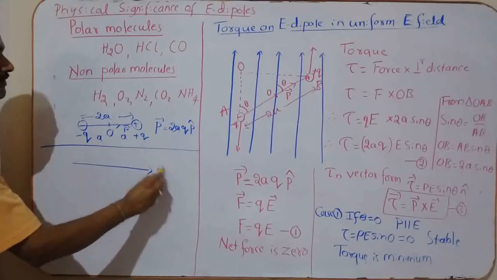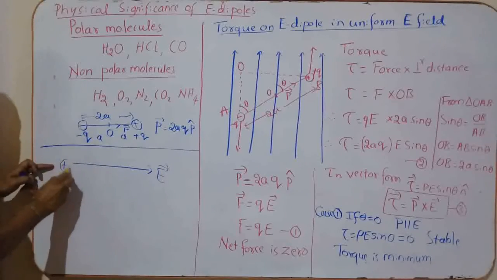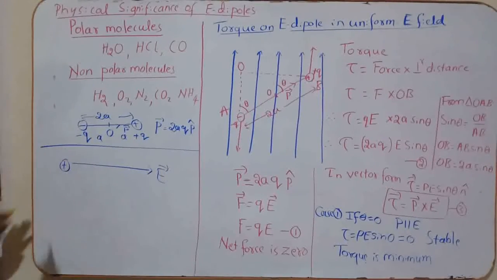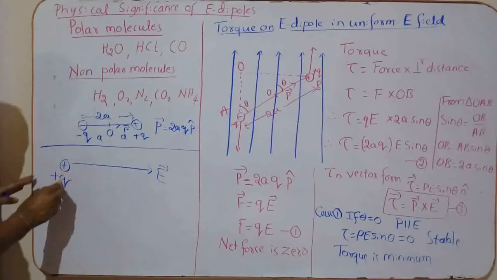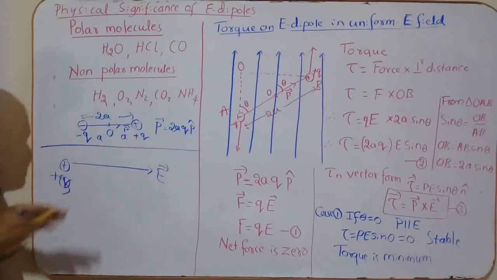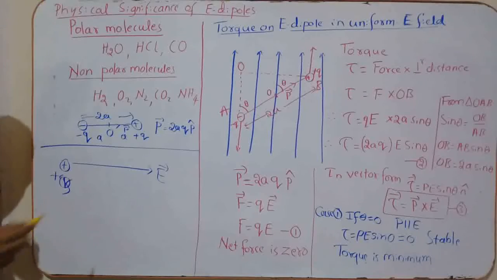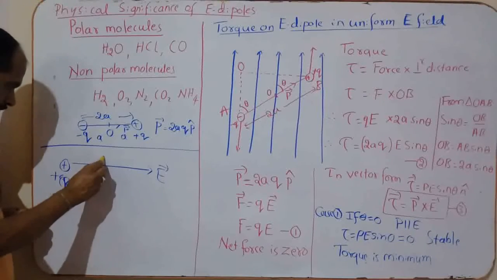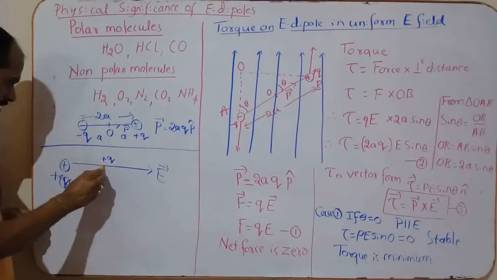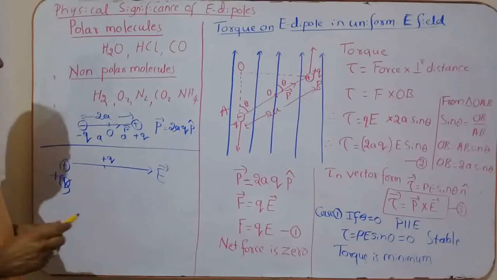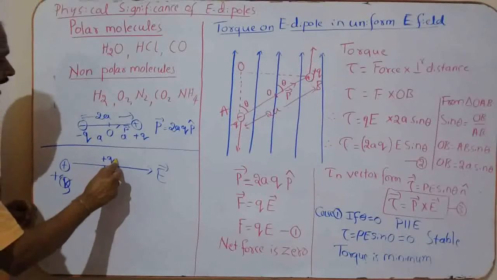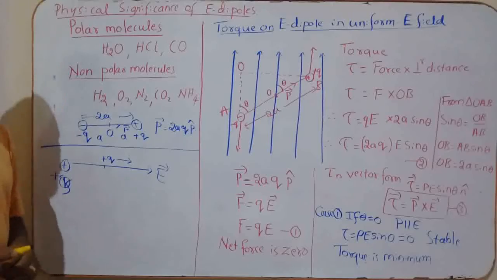This is the electric field. Definitely here is a positive charge. Here you take a positive charge. The field is always away from the positive charge. Now this is the point. When a positive charge is placed at this point, in what direction does the force act on it? The force acts along the direction of the electric field.